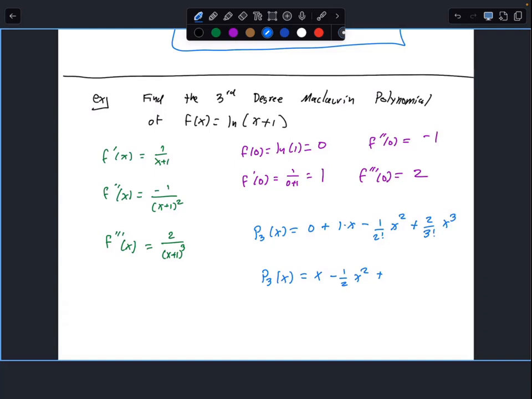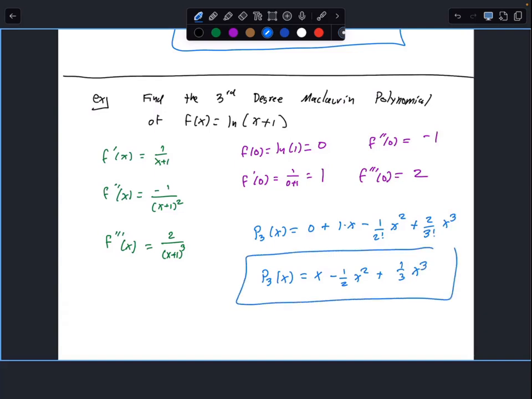There's some work you're going to need to do to understand that you can always break down a factorial to a smaller factorial. So 5 factorial is the same thing as 5 times 4 times 3 factorial, wherever you want to stop. Little trick there. But yeah, we're going to get 1/3 x cubed.